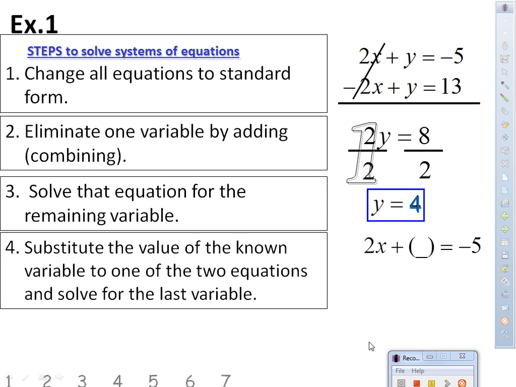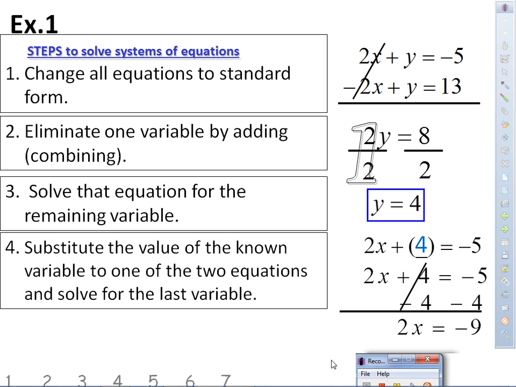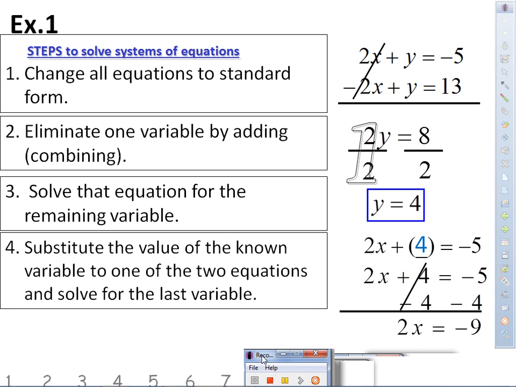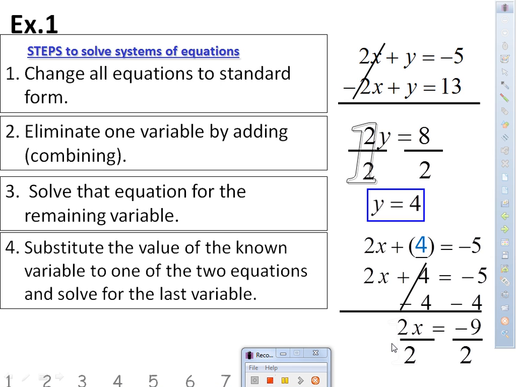So I bring the 4 down here and solve for the remaining variable. There we go. Subtract 4 from each side. We got divide by 2, divide by 2. X equals negative 4.5.